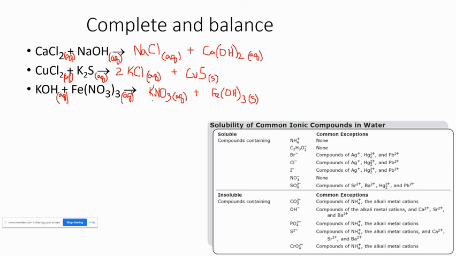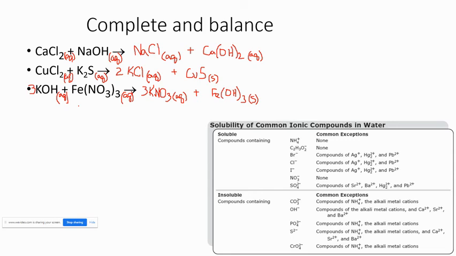Now I just have to balance. So I'm going to put a 3 right here. I'm going to put a 3 right here. And now we are all balanced up. Okay. That's what it is.